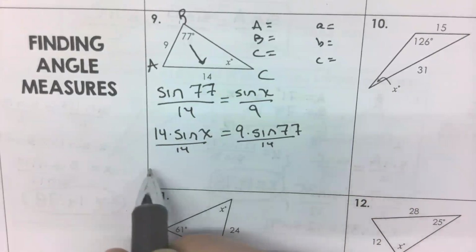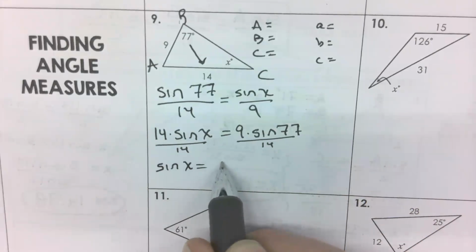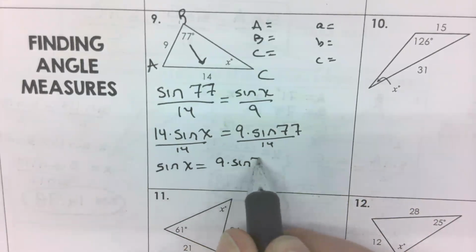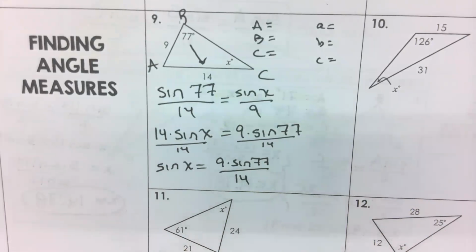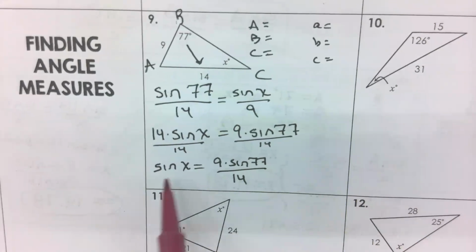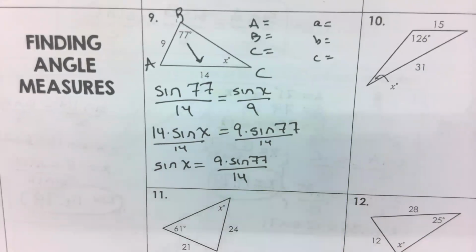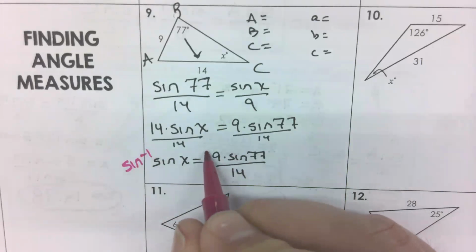So now I've got the sine of X equals 9 times the sine of 77 over 14. But I don't want the sine of x, I want just x. How do I get rid of sine? Inverse sine. Arc sine, it's sometimes called.